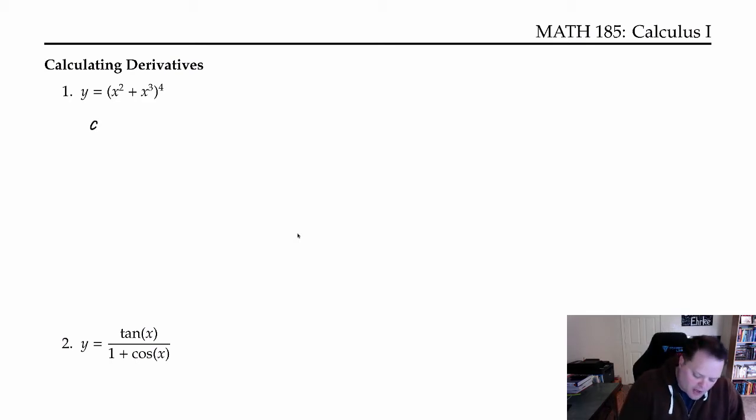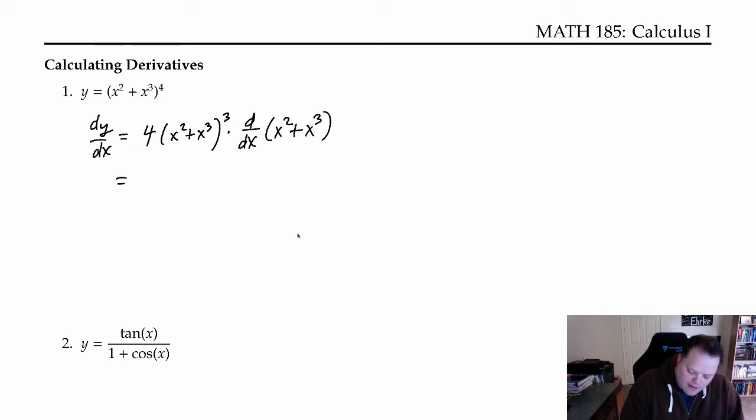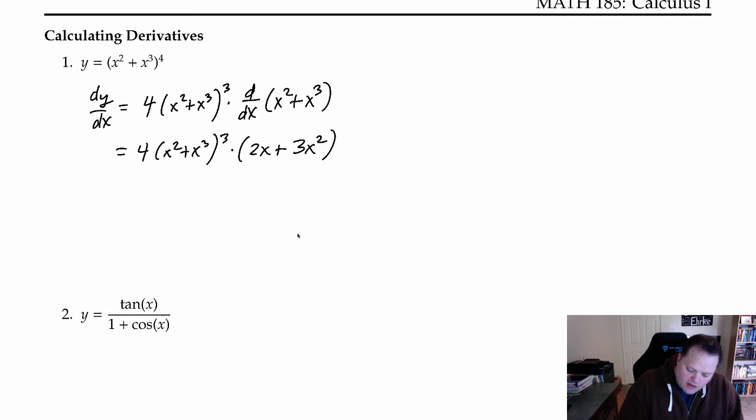All right, looking at this problem, I would look for this to be a chain rule. So the outer function is something to the fourth, so it's 4 times that thing cubed, but then I have to multiply by the inner function's derivative, which is 2x plus 3x squared.